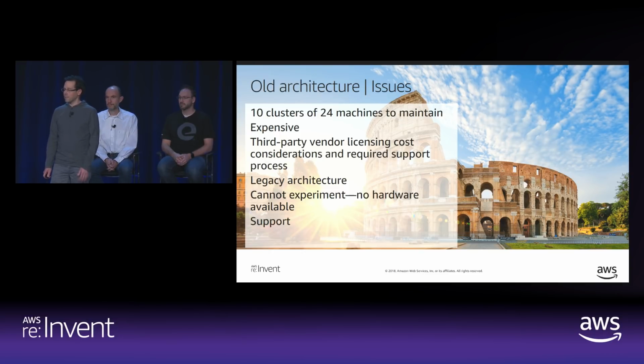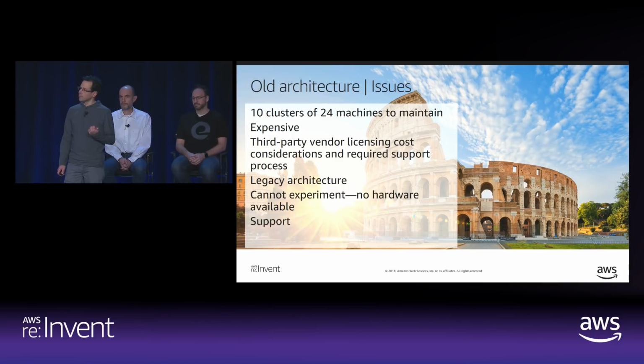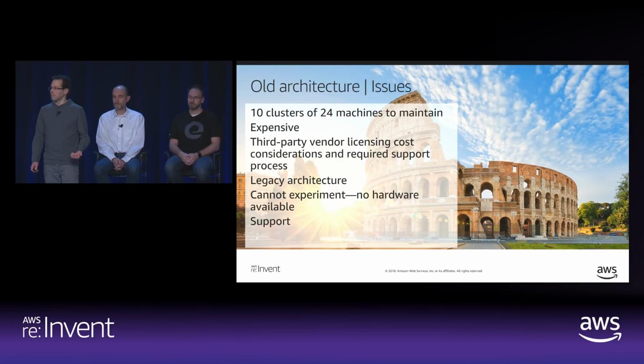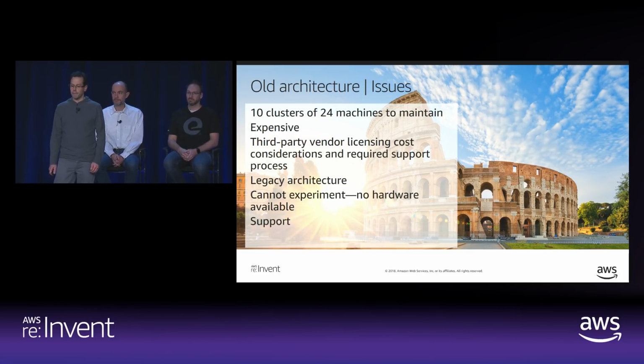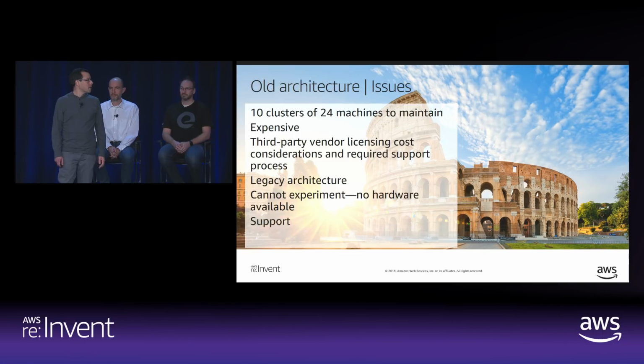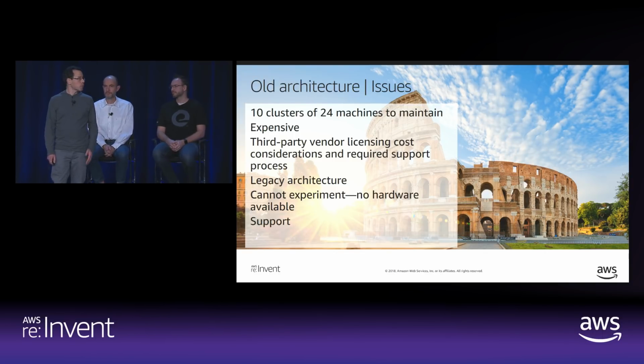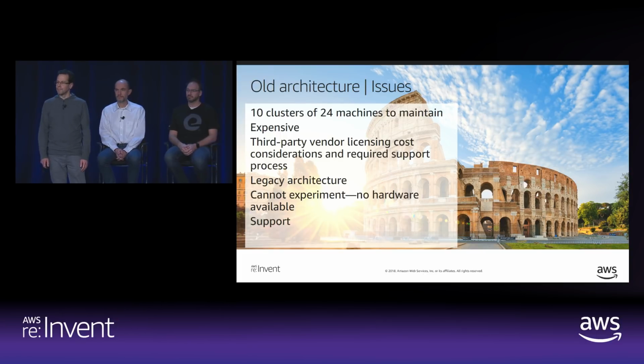It means a lot of support for the team. We needed to deploy, monitor, and many times we had to reboot a cluster because the performance was not good enough. On top of that, the hardware for the clusters was expensive, and managing the clusters was expensive too.